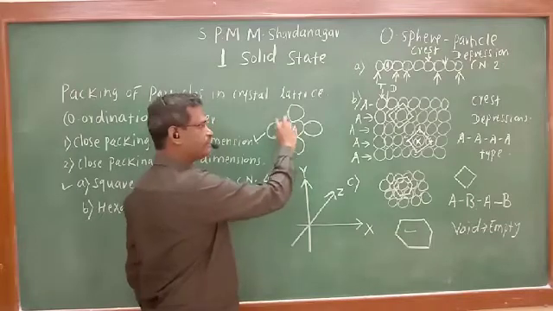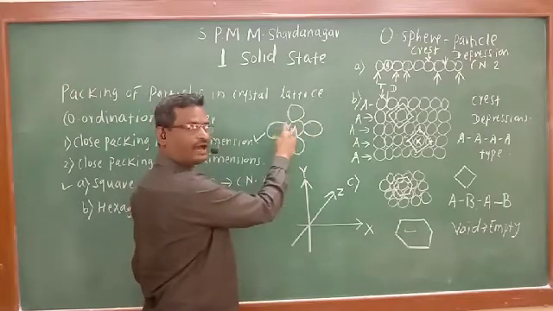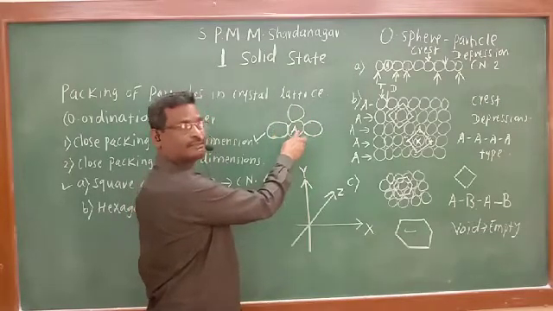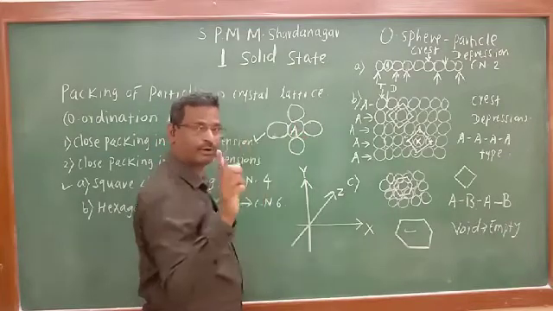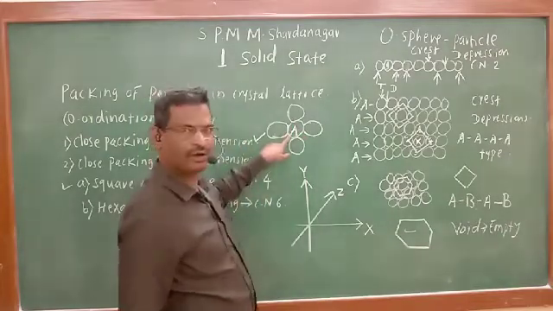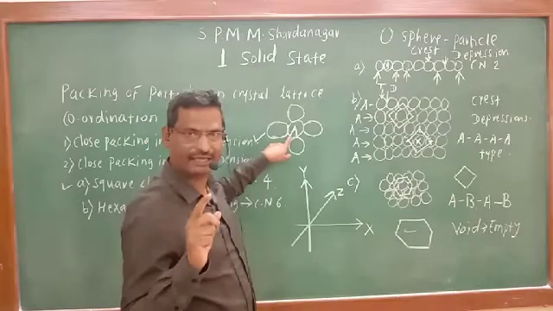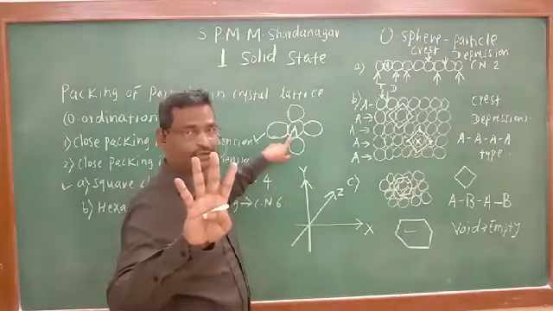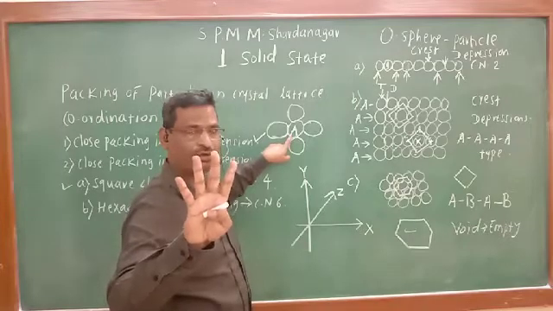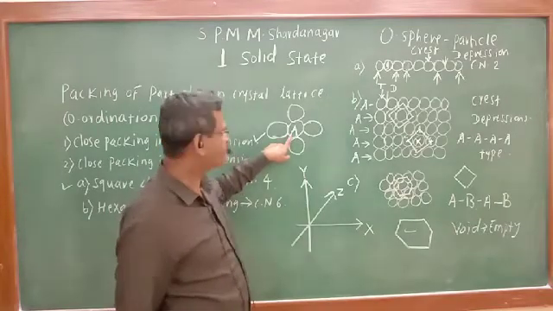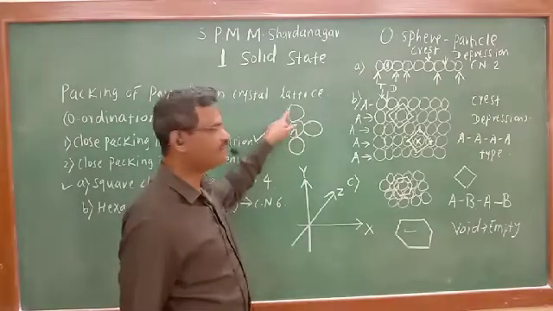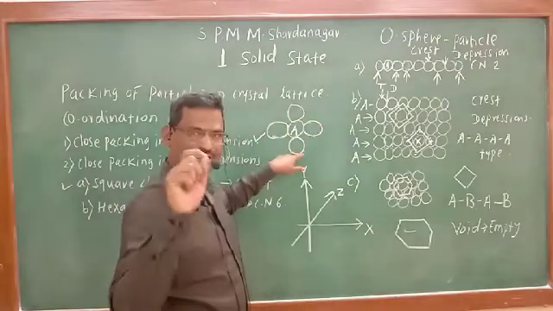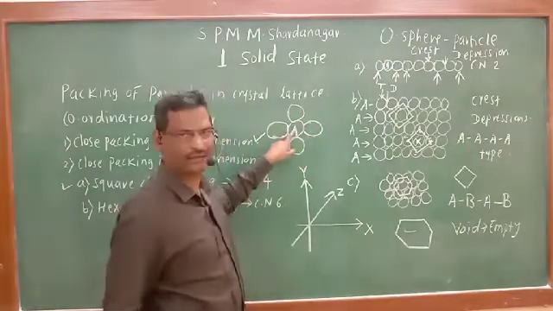So these 4 spheres are touching the given sphere A. Therefore, the coordination number of this given sphere A is equal to 4. You got it? What is meant by coordination number now? Coordination number is nothing but the number of spheres which touch the given sphere.